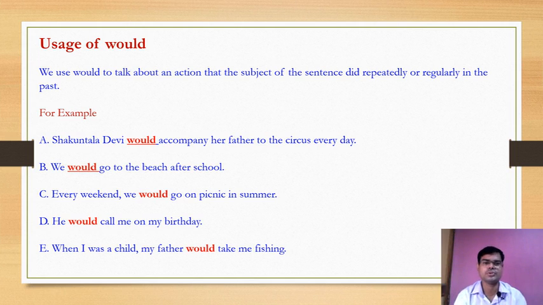Let's check a few more things: how to use would. Like we have seen could and couldn't, here we are going to check how to use would. We use would to talk about an action that the subject of the sentence did repeatedly or regularly in the past. Like in the past you used to play cricket, or you used to go to the beach.